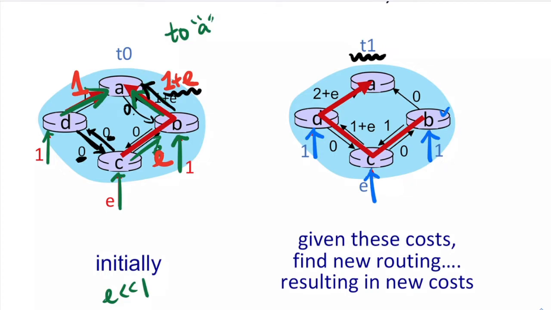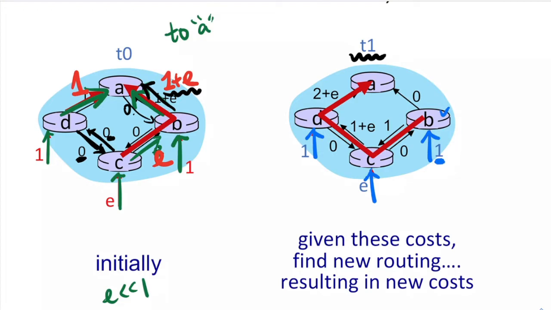So at the beginning of T1, B believes it would be better to send the 1 unit of traffic to C, D, A, which is much better than sending it to A directly, because the cost is less, that is 1.